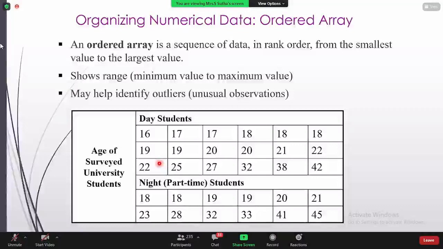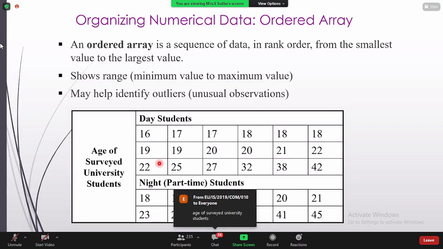This table represents an ordered array. What is the variable for this study or for this data we considered? Age of surveyed university students. Yes, age of the surveyed university students, right?